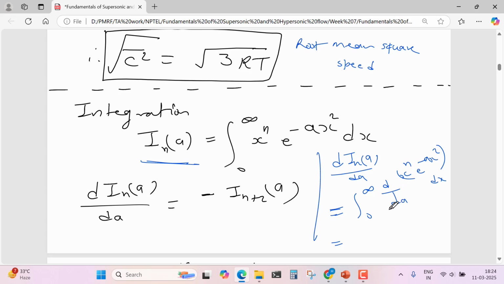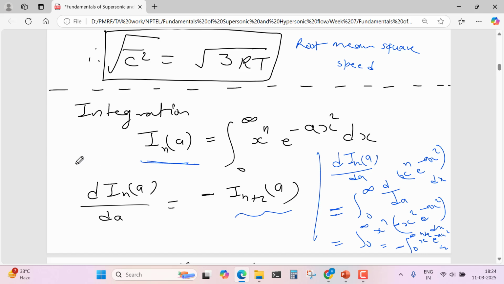This x² is constant with respect to a, so we will get integration 0 to infinity x to the power n, and its derivative will be minus x² e to the power minus a x² dx. So it will become minus integration 0 to infinity x to the power n+2 e to the power minus a x² dx, which is nothing but minus I_(n+2)(a).